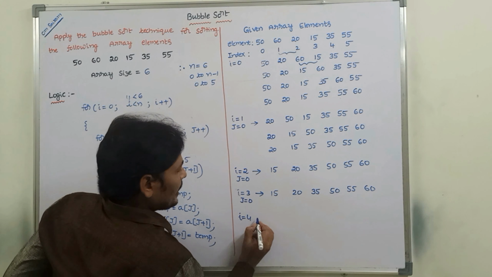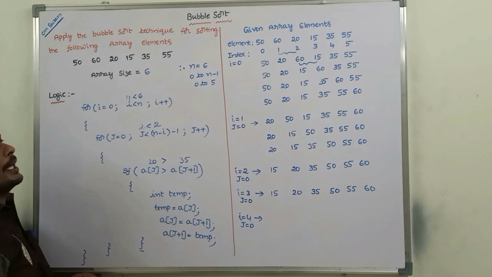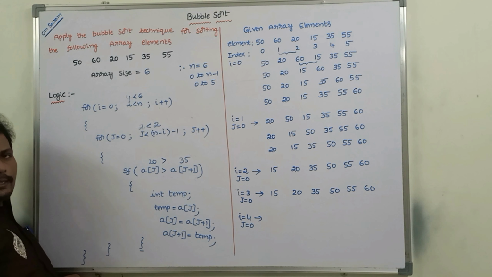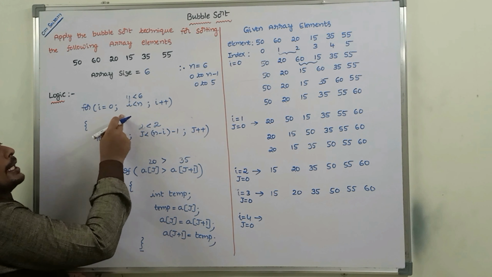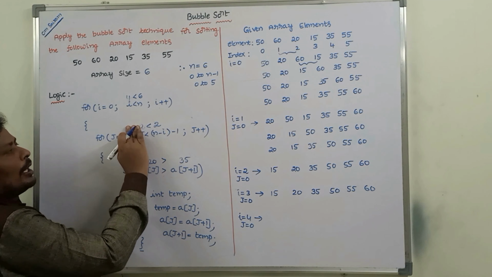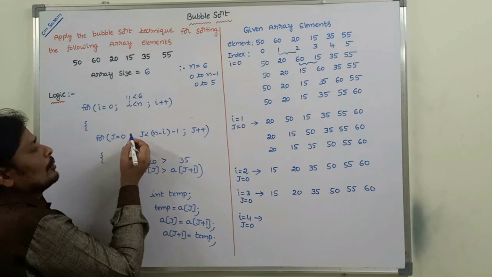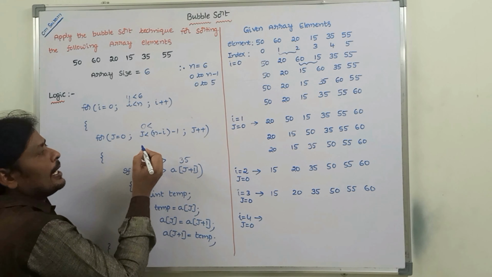Now i value becomes 4 and j value is equal to 0. 4 less than 6, condition true. Then the control goes to the body of the outer for loop. In that body, inner for loop is there. Here j equal to 0, 0 less than n.